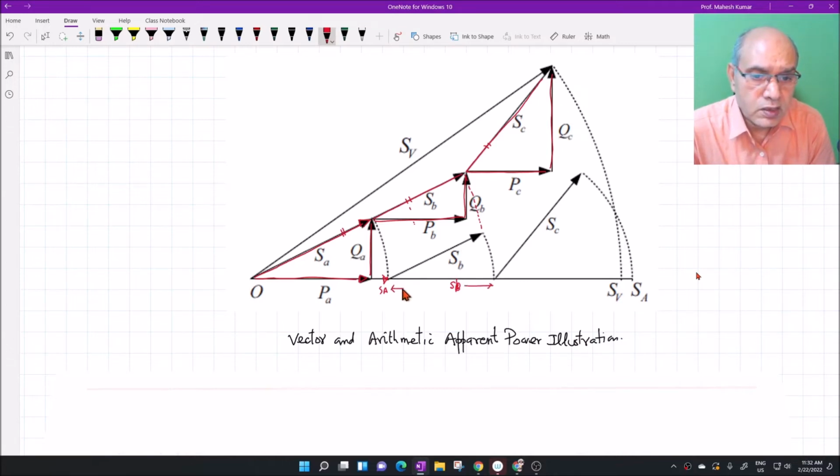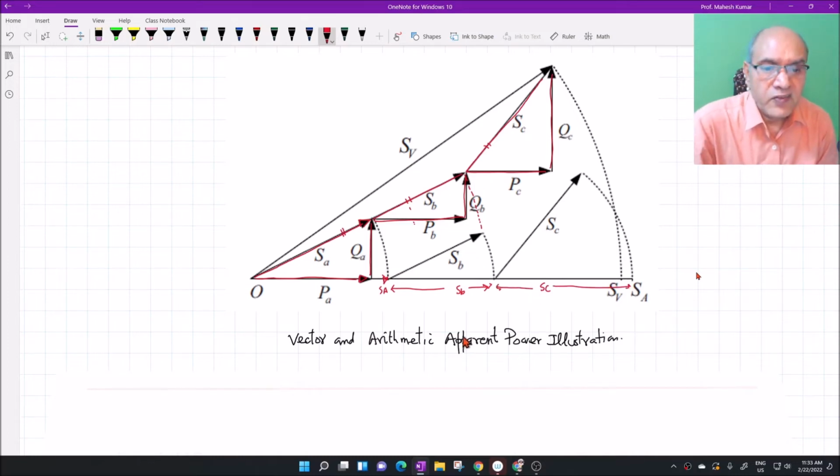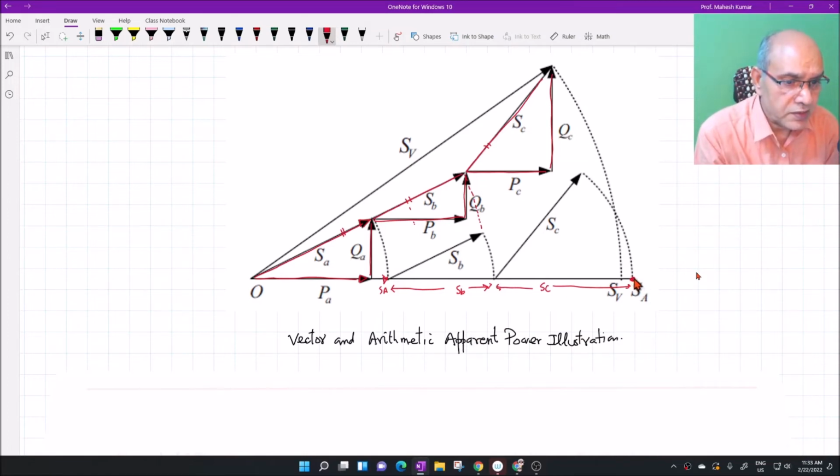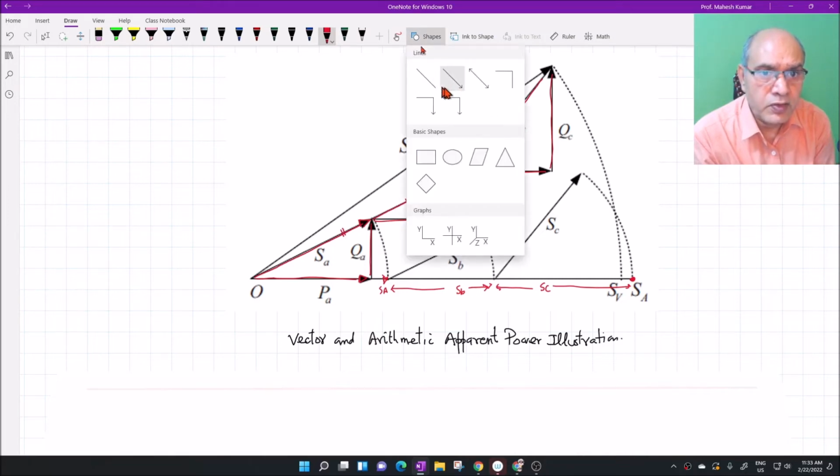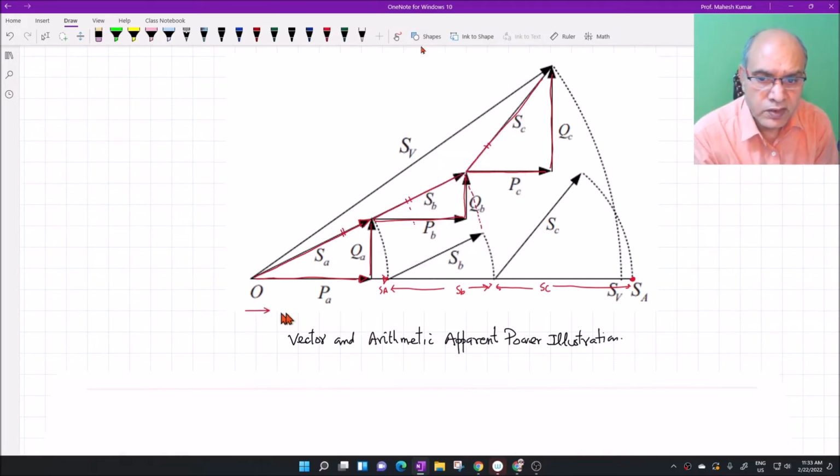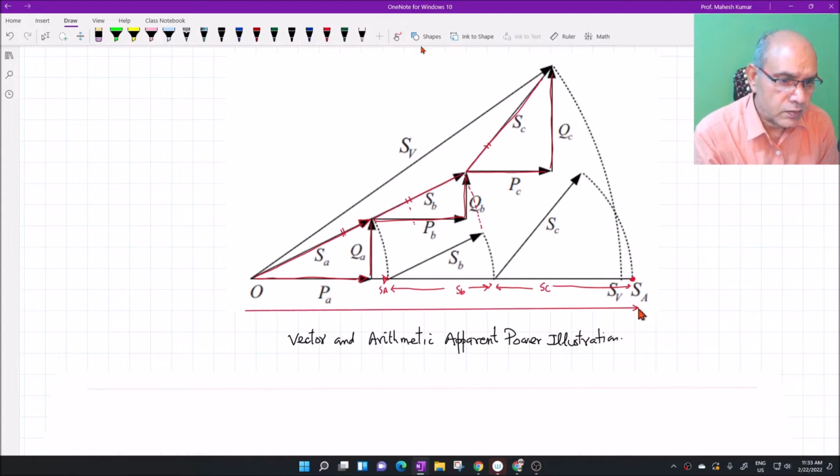And from this to this it is SC. If you look, from here to here is SC. And if I add them, we will get SA. This whole thing is actually SA, from here to here.